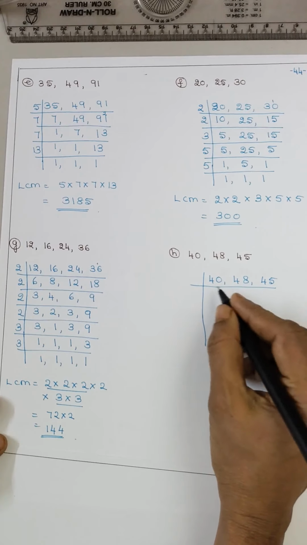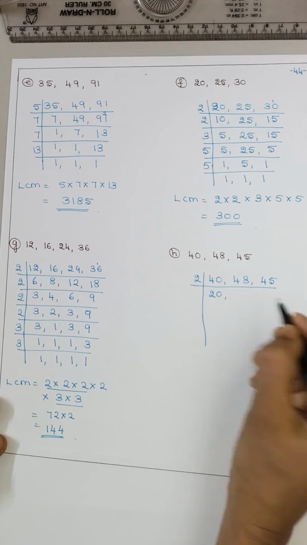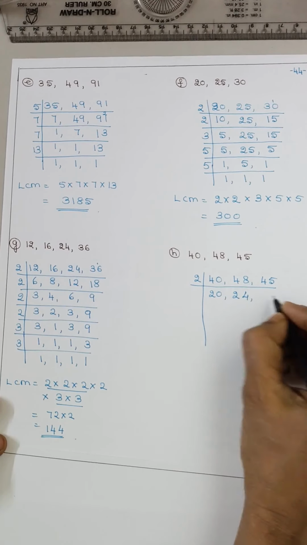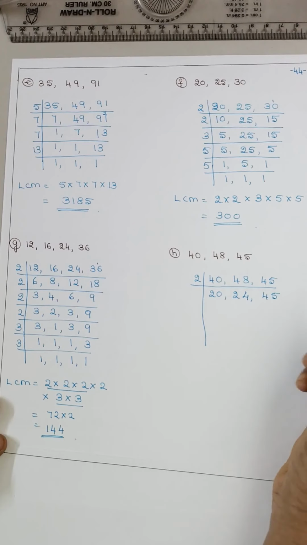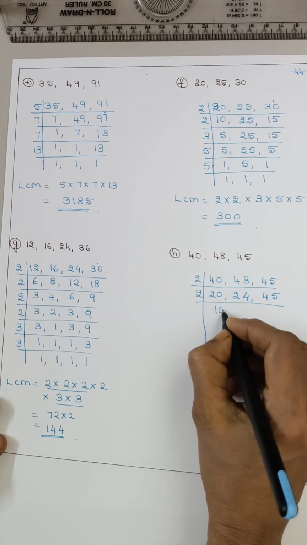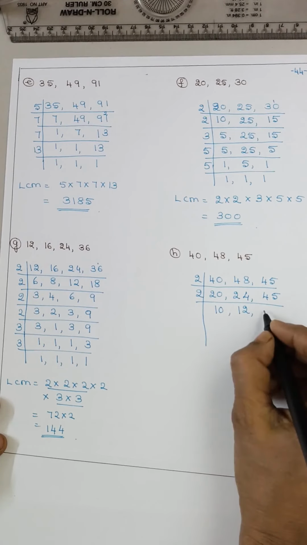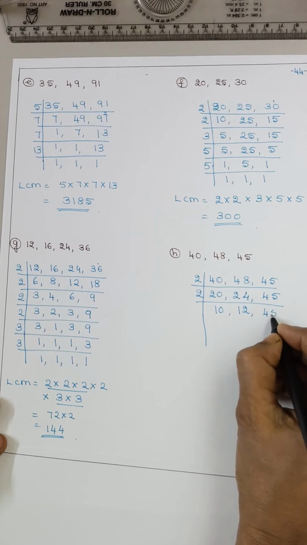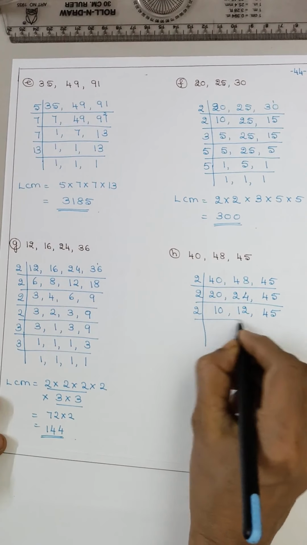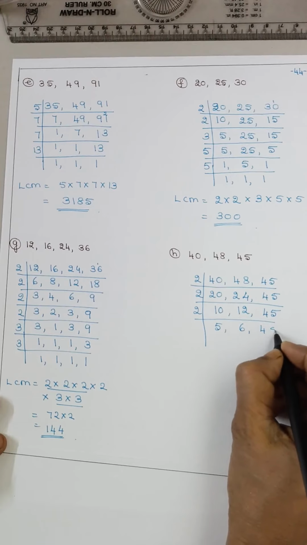Now again it is an even number. 2 2s are 4, 2 0s are 0, 4 and 4s are 8, 45 as it is. Even number. 2 1s are 2, 2 2s are 4. Now not possible, write as it is. Now 2 5s are 10, 6s are 12, 45 as it is.